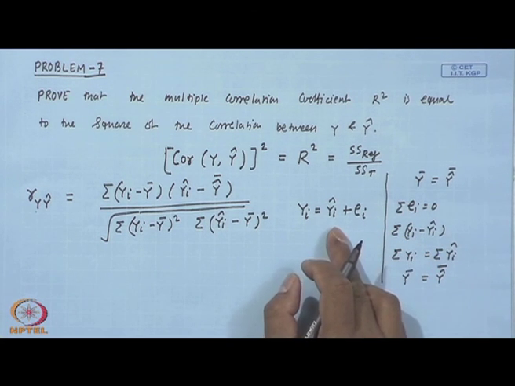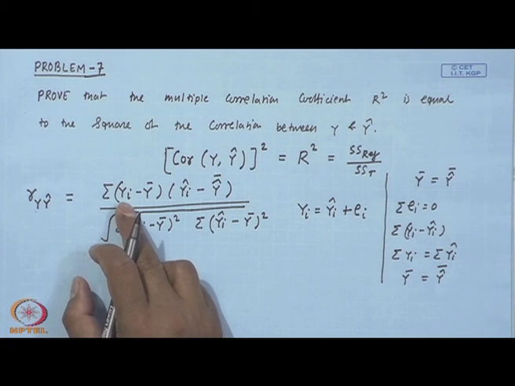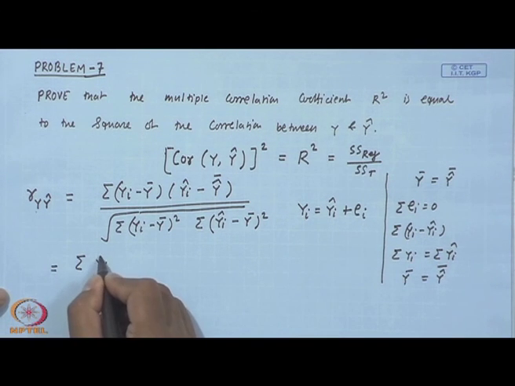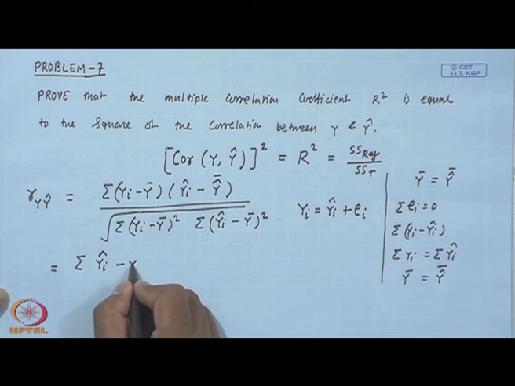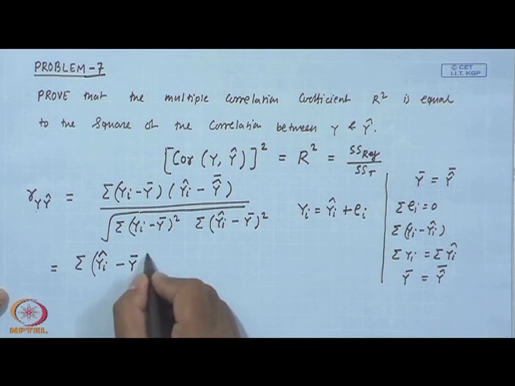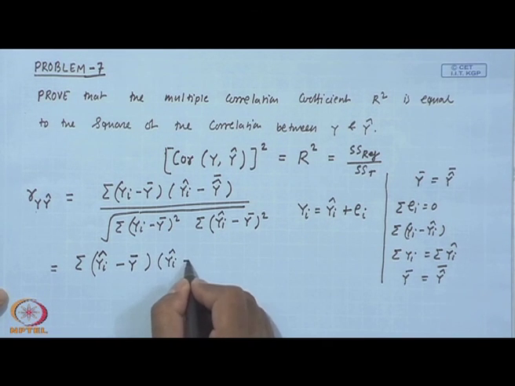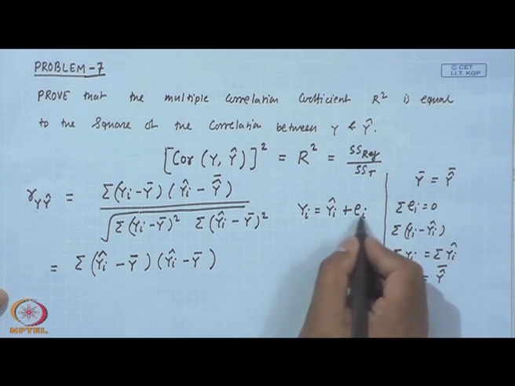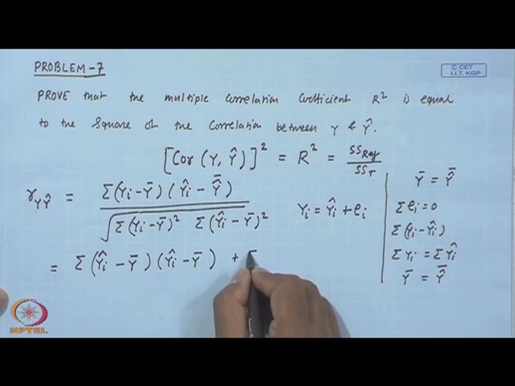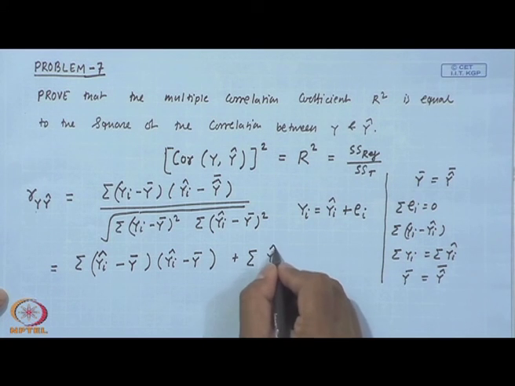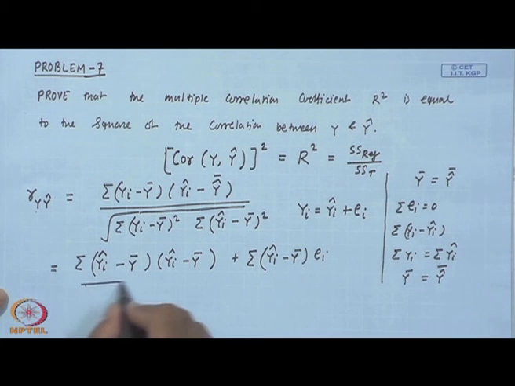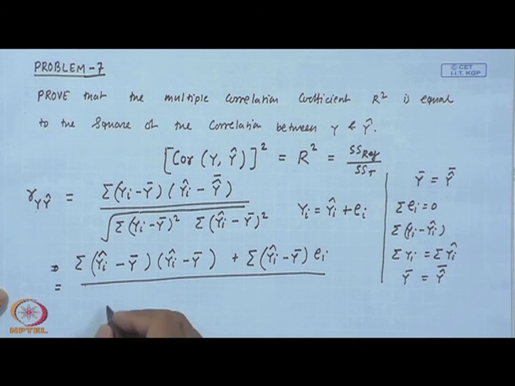So, if I put that expression here, what I will get is y I hat minus y bar into y I hat minus y bar, because this is nothing but y bar only, plus I have an extra term here because of this plus E I. So, plus y I hat minus y bar into E I. And the denominator is the same.